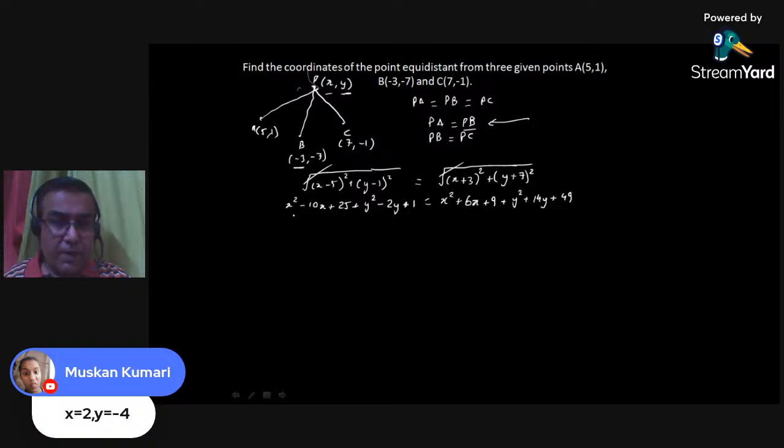So here I've got so many terms. Let me bring everything to one side. So most probably I'm going to get a quadratic if I'm not wrong. So let's see.